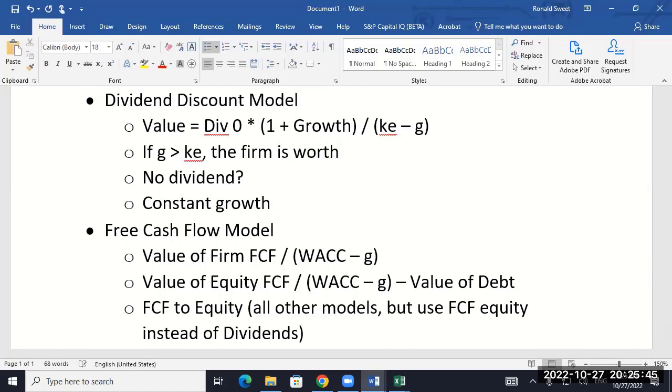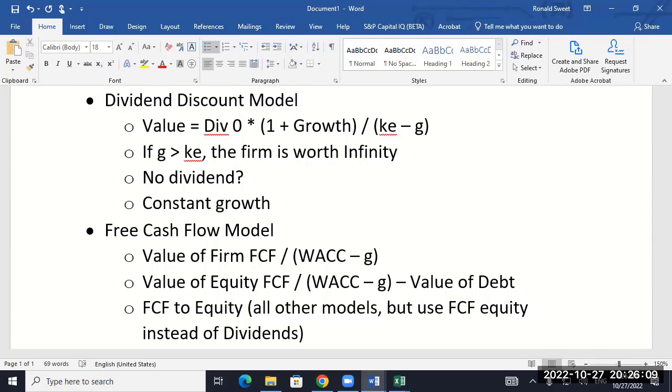What's the firm value if your growth rate is greater than your discount rate? Would have seen it in Toy Story. Infinity and beyond, right? That's if your growth rate's greater than your discount rate, the firm is worth infinite value. So you can't do that.